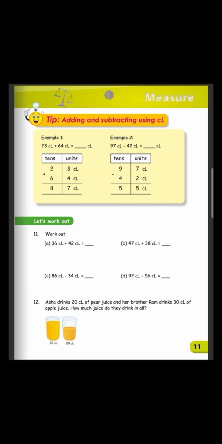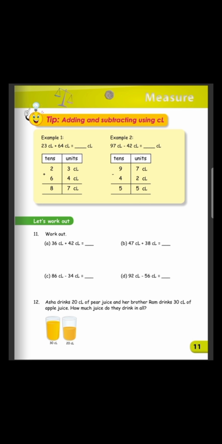23 centiliters plus 64 centiliters is equal to blank centiliters. So we have to follow the same steps for addition and subtraction. You have to write tenths and units on the numbers. So 23 is 3 units and 2 tenths, and 64 is 4 units and 6 tenths.